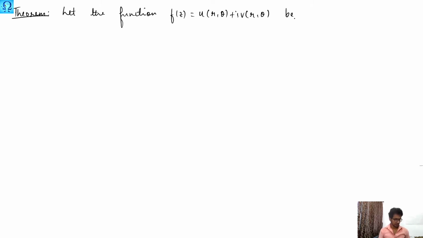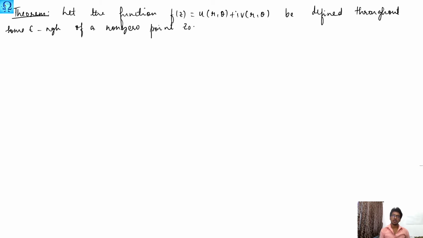Let this be defined throughout some epsilon neighborhood of a non-zero point z naught, which takes the form r naught exponential of iota times theta naught.